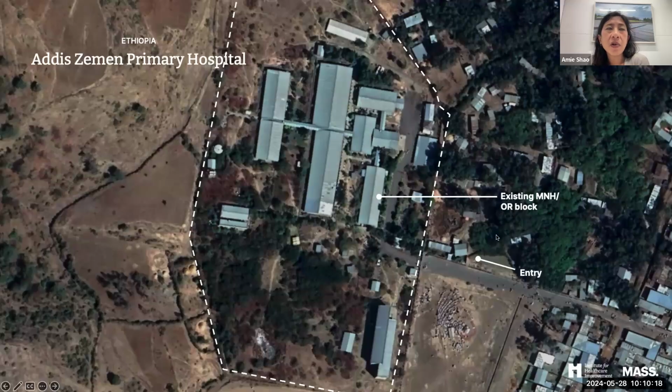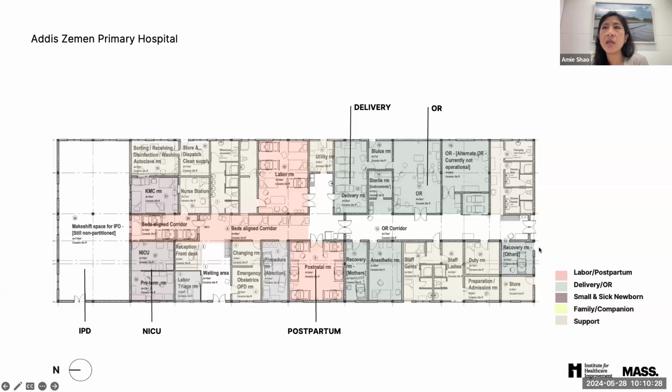This next example is a hospital in Addis Zemen in Ethiopia, where it was already a series of buildings on a hillside. So there was this one building that had a lot in it. It has the OR, complex OR and delivery, staff spaces. All of the maternal beds are here in labor and postpartum, and in the corridor.